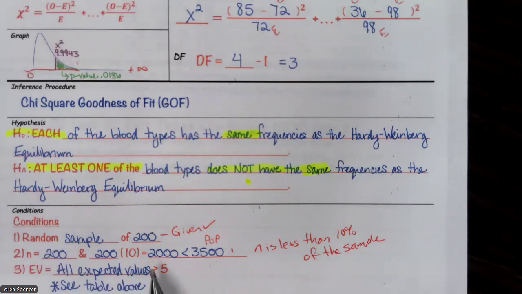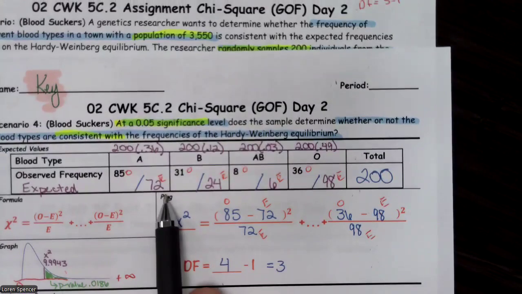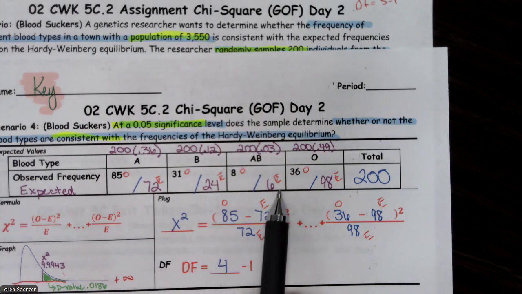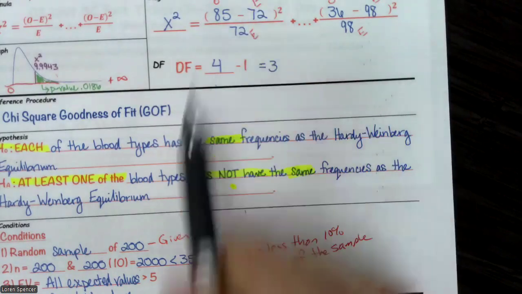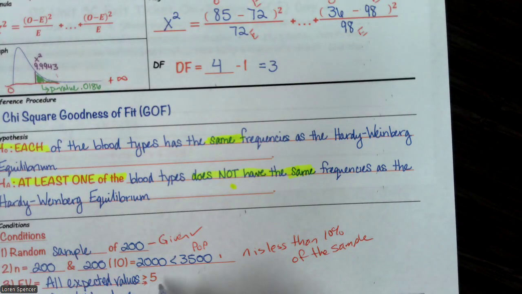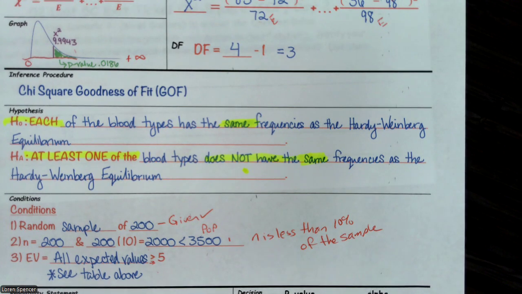And all expected values are greater than 5. See the table. Let's check our table real quickly. 72, 24, 6. Ooh, 6 is expected. Barely big enough, but as long as it's greater than or equal to 5, all good. So see the table above, we have our expected values.